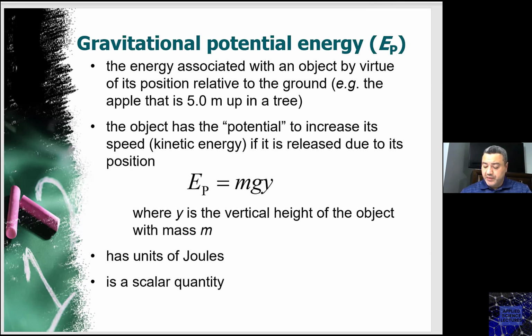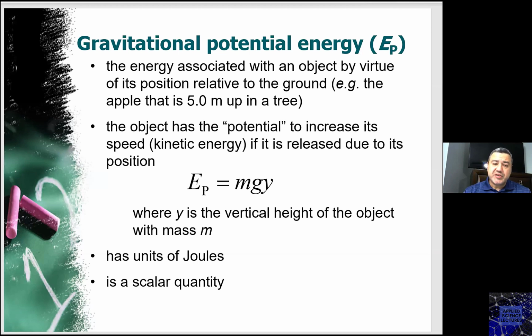We will introduce the gravitational potential energy for objects. So what does gravitational potential energy mean? Any object, as we have seen earlier, has its own kinetic energy if it's moving from one position to another.